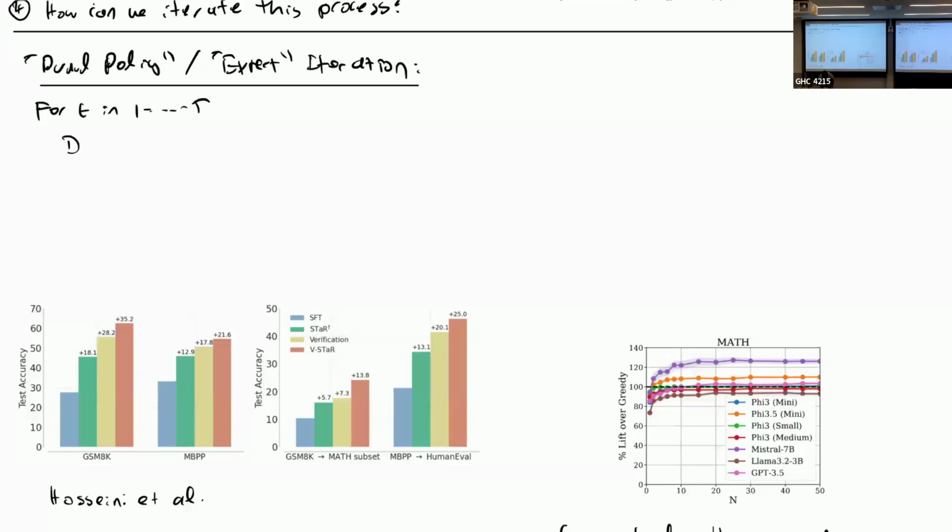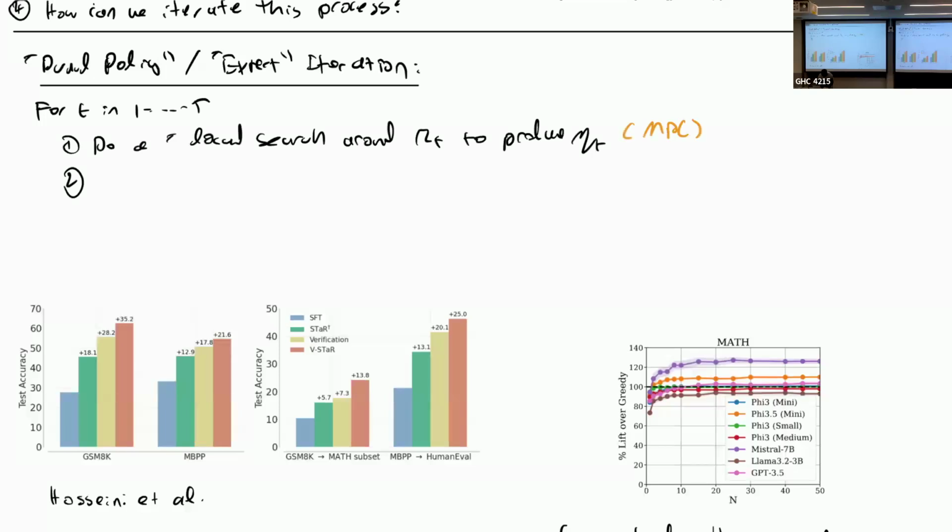I'm going to basically do a local search around pi t to produce some slightly better policy. Let's call it eta t. And this is usually done via something that looks like multiplicative control.